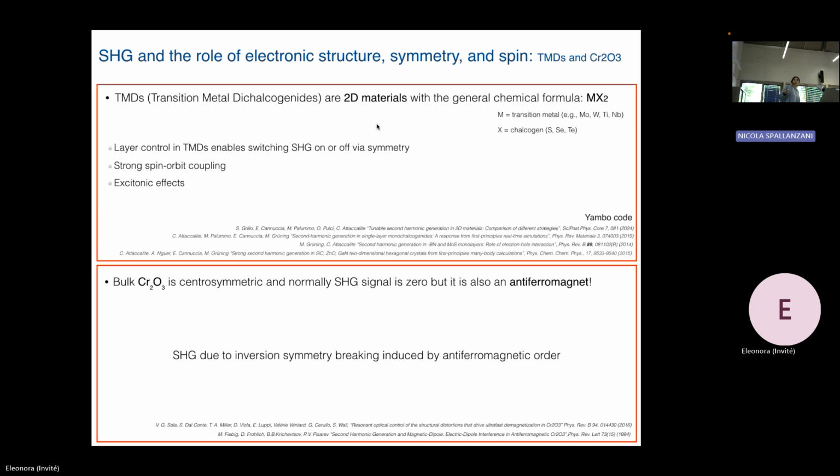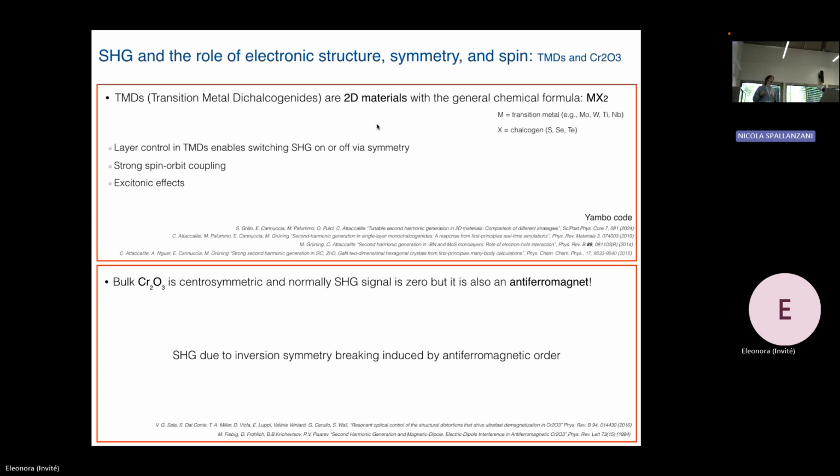And I will also talk about another system, to use as an example, which is Cr2O3, which is an antiferromagnetic system, in which, in principle, in any centrosymmetric system, we expect the second harmonic generation signal to be zero, because of the symmetry properties.